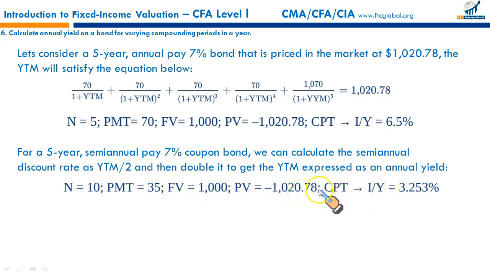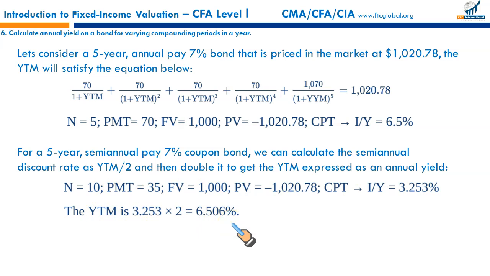And then by using the TVM computations, the yield will be 3.253%. Since it's on a semi-annual basis, you need to multiply it by 2 to get 6.506. This is how we can handle compounding periods in a year.